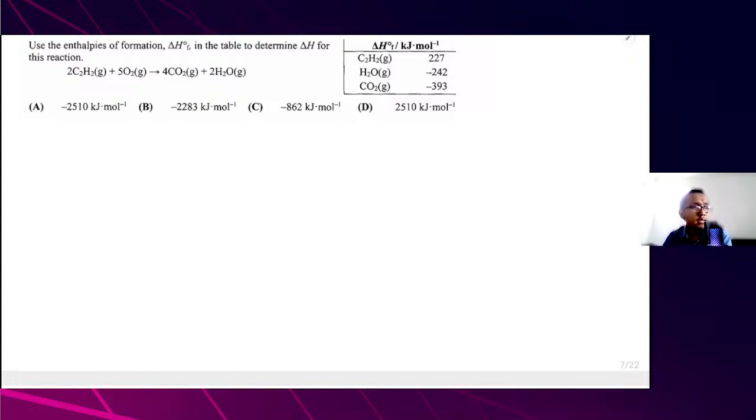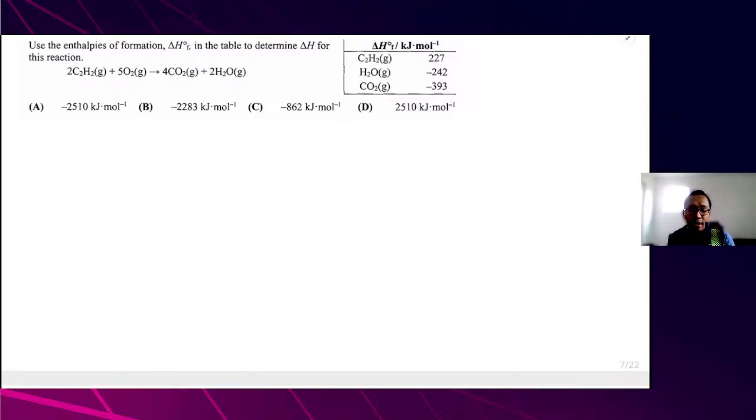Okay, just a recap for the previous question. When using Hess's law, reverse the equation and change the sign of delta H. If you look at the equation, it will be matching up if we do reversing. So just reverse the equation, however, remember to change the sign.